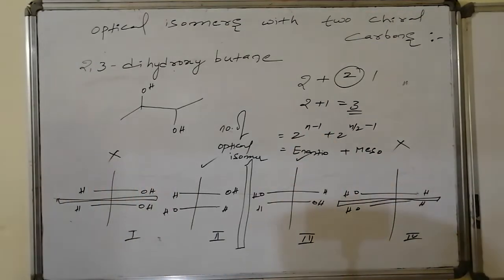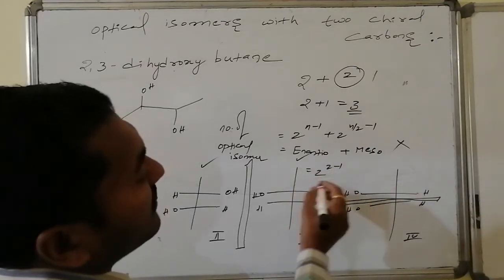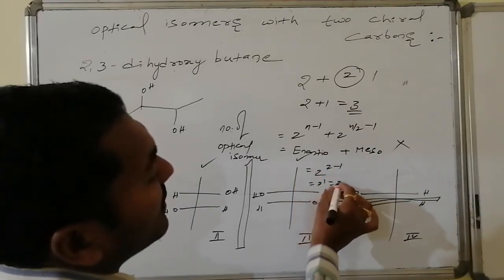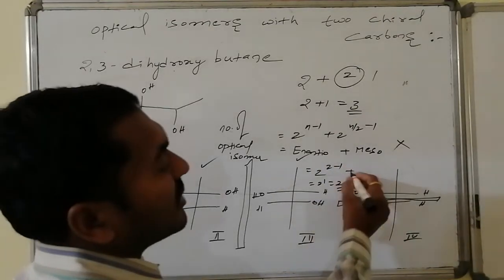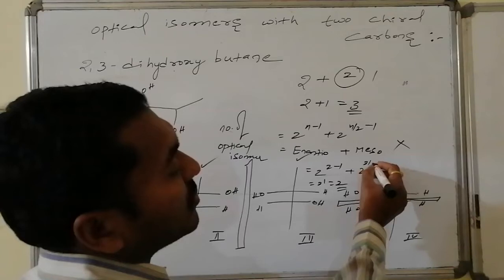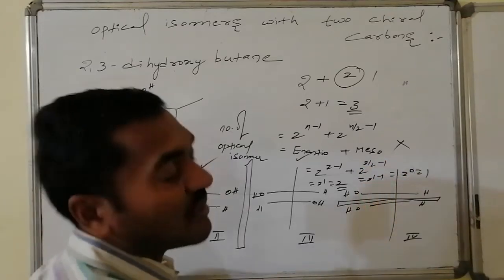The number of enantiomers of this particular compound can be given by 2 power 2 minus 1, that is 2 power 1, equal to 2. 2 enantiomers are there. The number of meso compounds can be given by 2 power n by 2 minus 1, that is 2 power 2 by 2 minus 1, which is 2 power 1 minus 1, equal to 2 power 0, equal to 1.